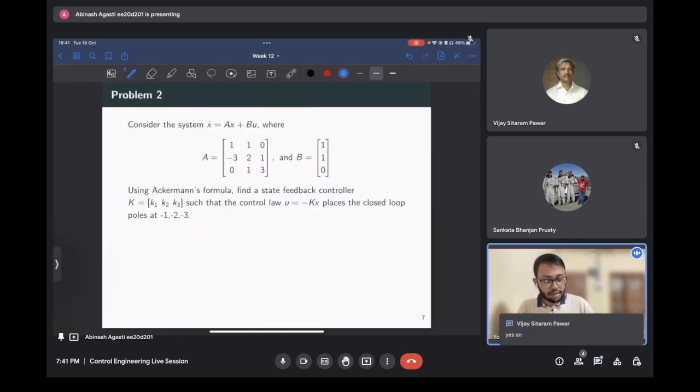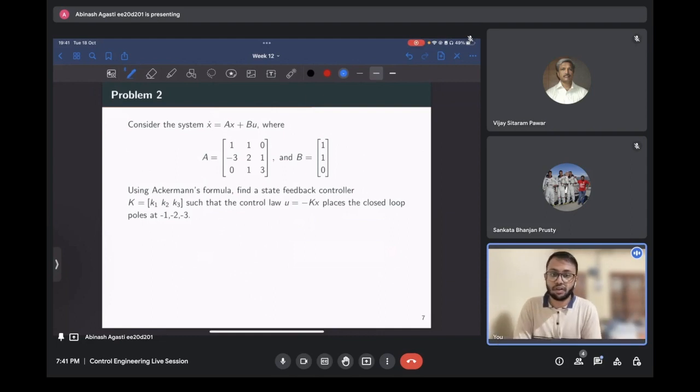Now consider this three-dimensional system x dot equal to Ax plus Bu, where A and B are given as follows. Using Ackermann's formula, find a state feedback controller K such that the control law u equal to minus Kx places the closed loop poles at the desired places. Right.